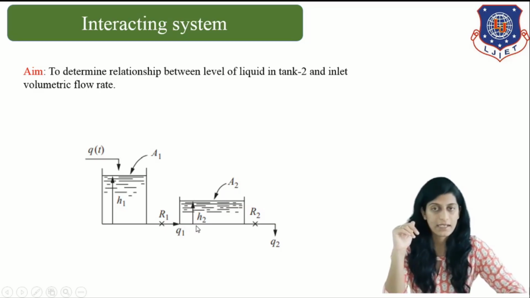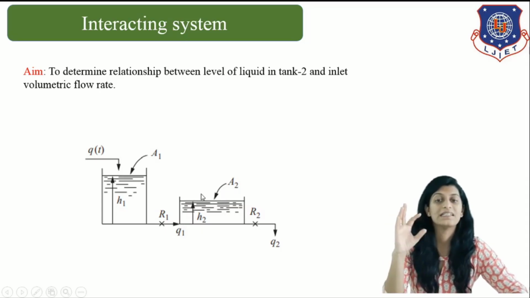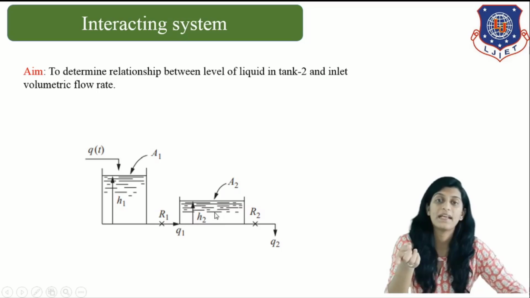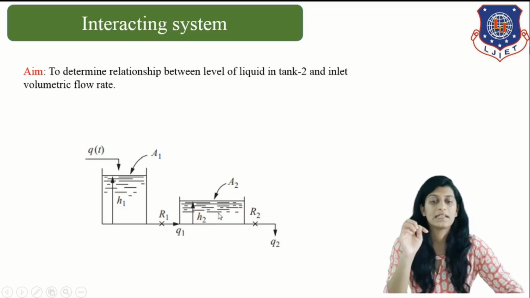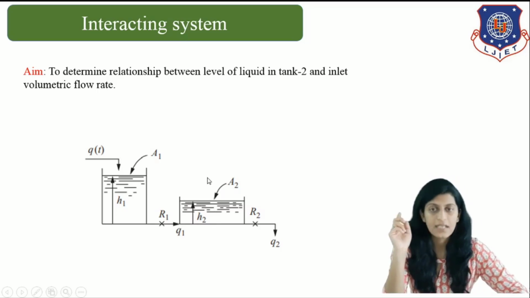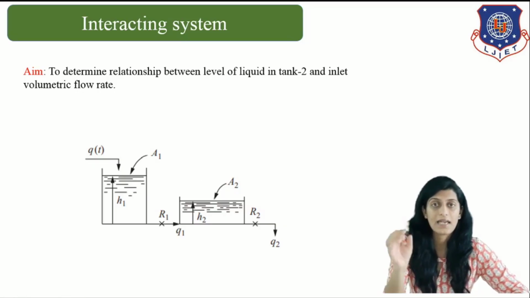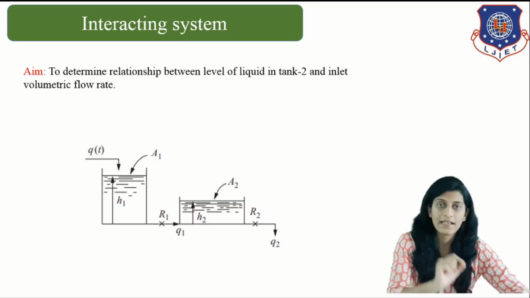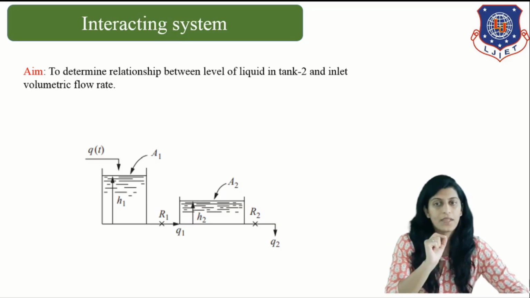Due to the direct connection, the level of liquid inside the tanks depends on both the tanks. That's why we are saying it is an interacting tank or interacting system, right.